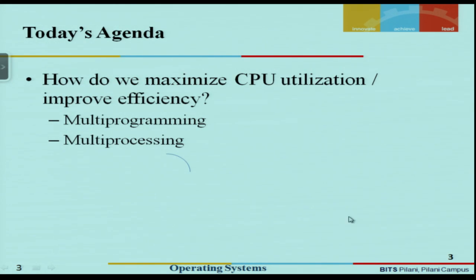So in this session, what we are essentially going to discuss is how we maximize the CPU utilization. And we find that the simplest approach to maximize the CPU utilization or improve the efficiency could be to carry out either multi-programming or what we call multi-processing.